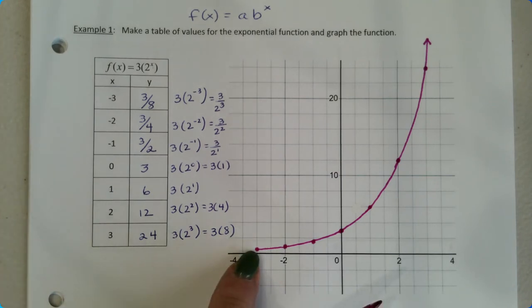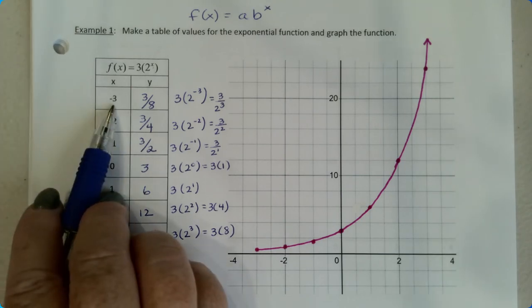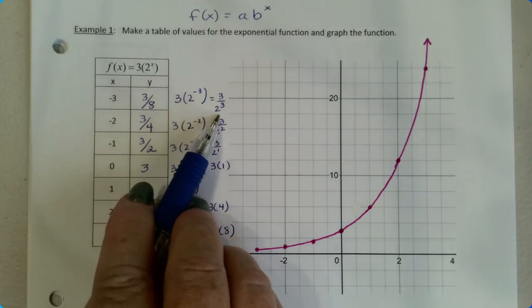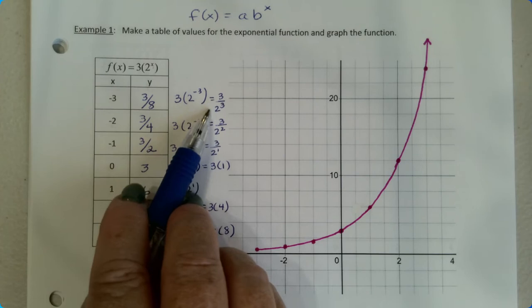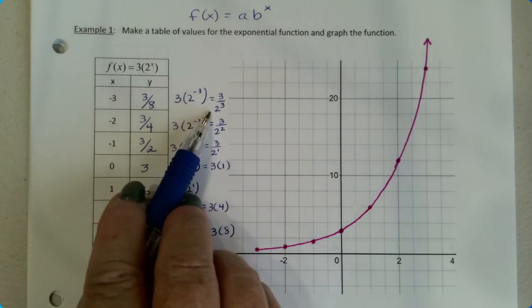Will this graph eventually go down far enough so it'll cross through the x-axis and give me negative answers? I would say no. Think about these values when x was negative, right? The negative x put a negative in the exponent, which resulted in that factor going down to the denominator. But notice it's not a negative number.